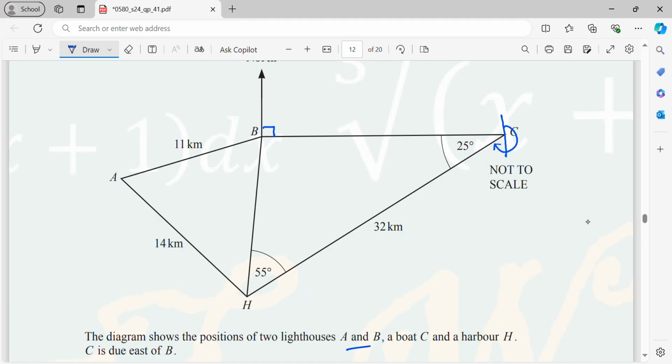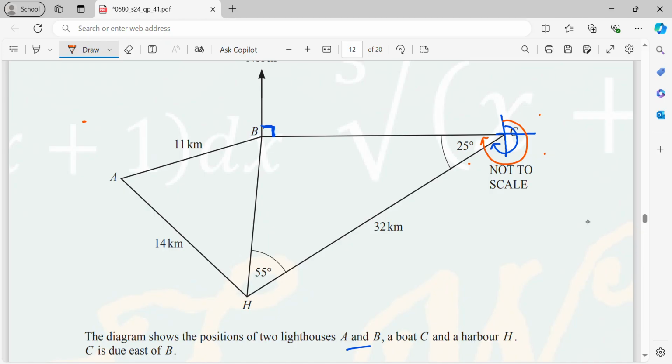This is your bearing. Since here is 90 degrees, to find the bearing it should be like this. This is the bearing. Now I know that if you consider the 3 quadrants, 1, 2, 3, the total angle is 270.